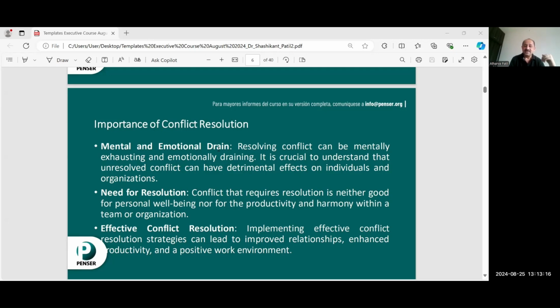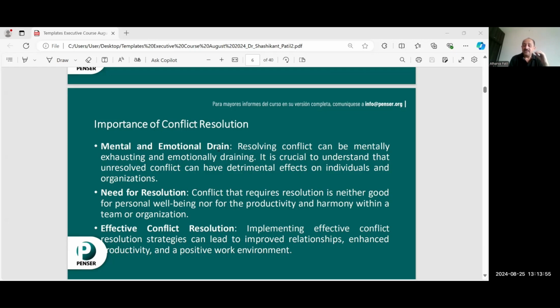It is crucial to understand that unresolved conflict can have detrimental effects on individuals as well as organizations, and ultimately it will have an effect on the community, the region, the nation, and ultimately at the global level. So there is a need, a necessity, to provide a resolution. Wherever conflict is there, it requires a strategic and concrete resolution, because it is neither good for personal well-being nor for the productivity and harmony within a team or organization.